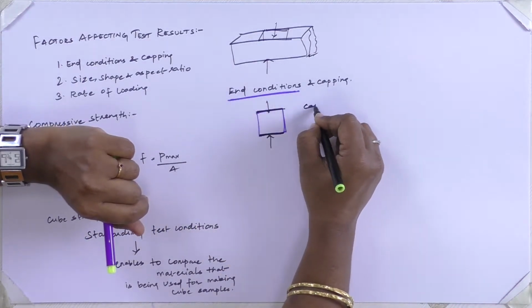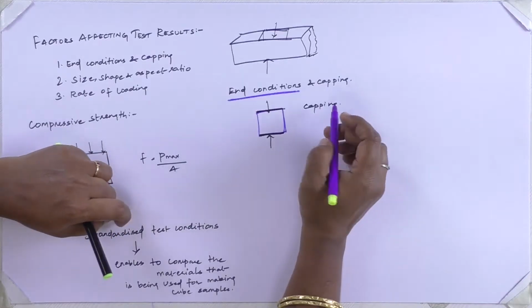So to prevent the undulations, that is, to keep the surface truly plain, we will be doing this capping. Sometimes if we do not get the desired length or depth of the specimen from the structure where we have drilled it, at that time we can do this capping. That is, we are filling that portion to get the required length or depth of the specimen. So that is known as capping.